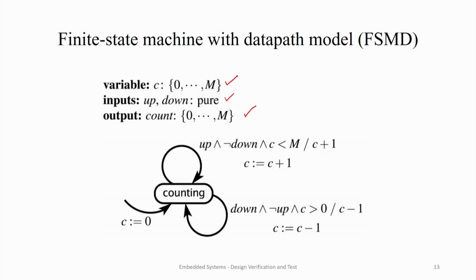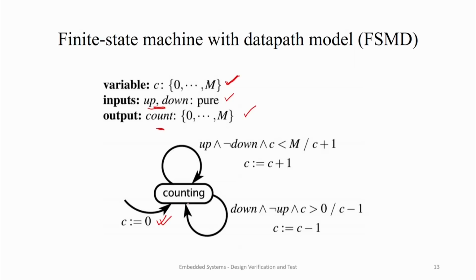So, we have integer outputs, we have Boolean inputs, and we have variables. So, this one is an FSMD. We have a state, the initial state is this one. At this state C equals 0. So, the variable is 0, where C represents the number of cars.